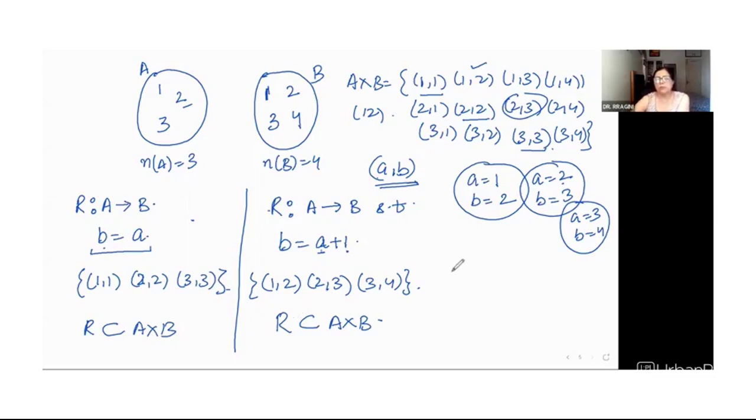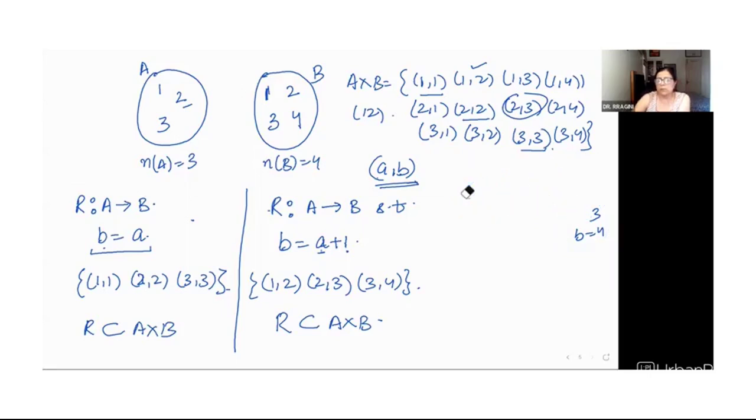Next, we have to see what is the domain of a relation. I would like to erase here only and explain to you what is the domain of a relation. Domain means the possible values of the first elements, the inputs. Inputs means the first elements we are taking from this set.